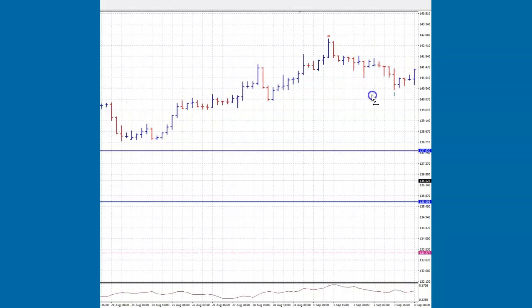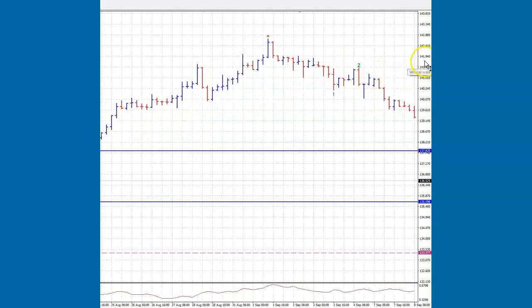So as we move forward, the first criteria that has to be met for this count is an 8-bar low. 1, 2, 3, 4, 5, 6, 7, 8. This is a low. However, that's not in until there's a 5-bar high that is recorded after that.